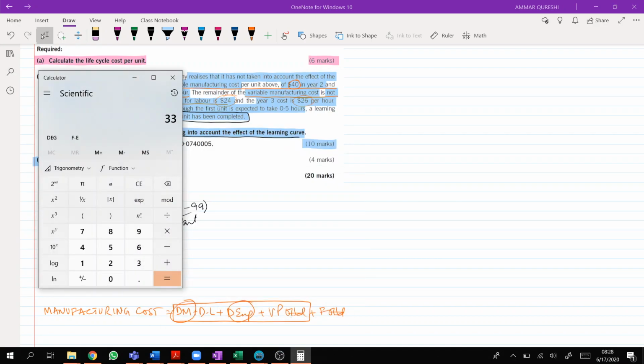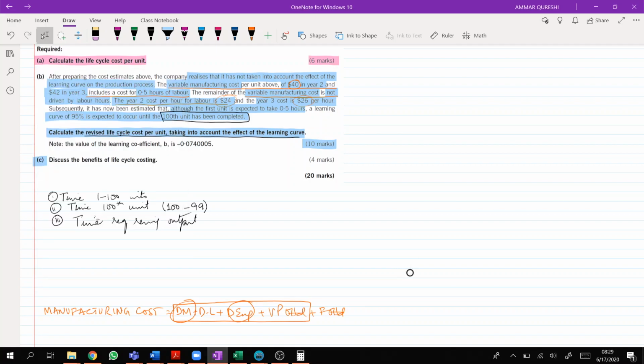So 300,000 minus 100 units is equal to 299,900. So the remaining output is 299,900. Right? So we have to follow this strategy.